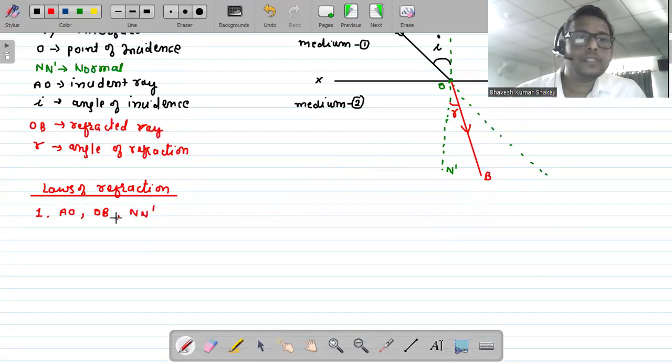So the first law is that the incident ray, refracted ray, and normal all lie in the same plane.